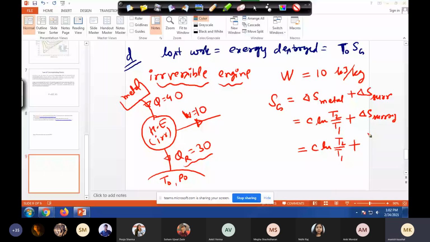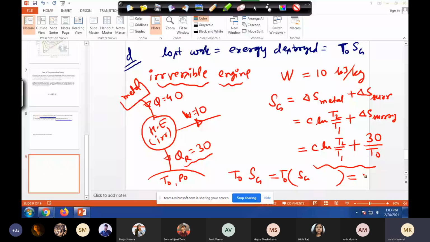So S_G, if you put these values, I have not calculated S_G directly. I have put it in this form, and then I have multiplied with T0. Can anyone tell how much it will come out? Can you guess? 1.5. Yeah, very good.